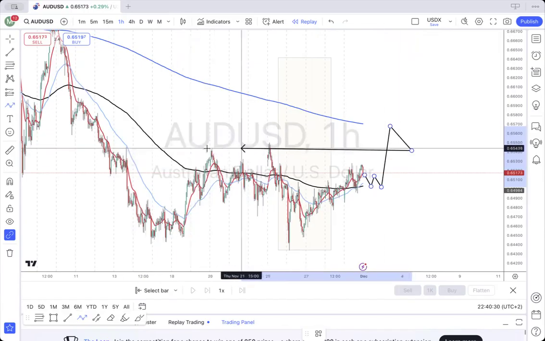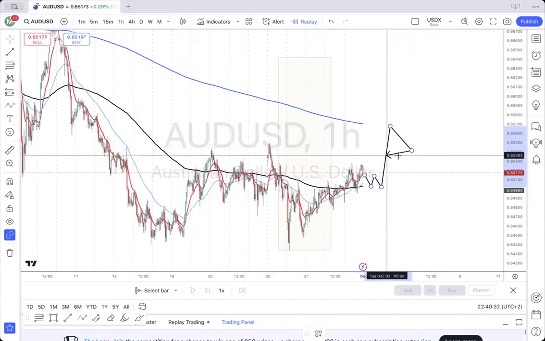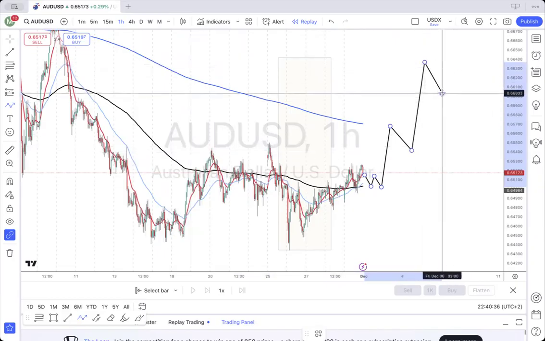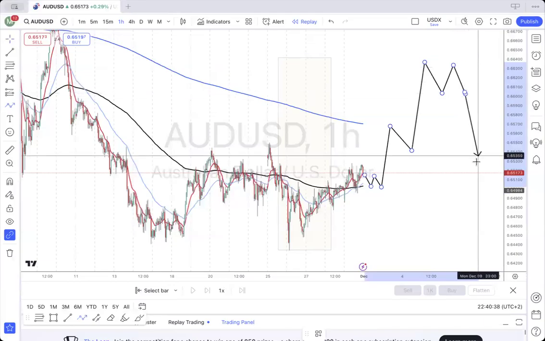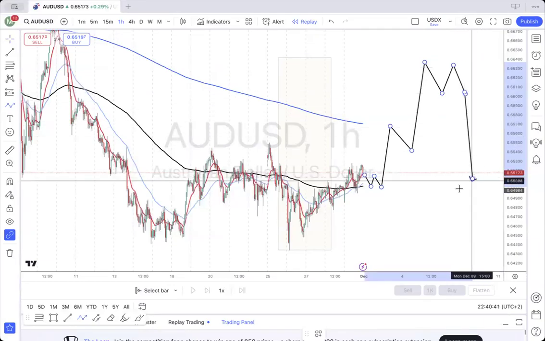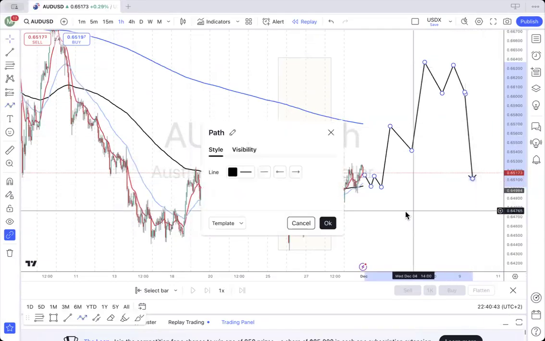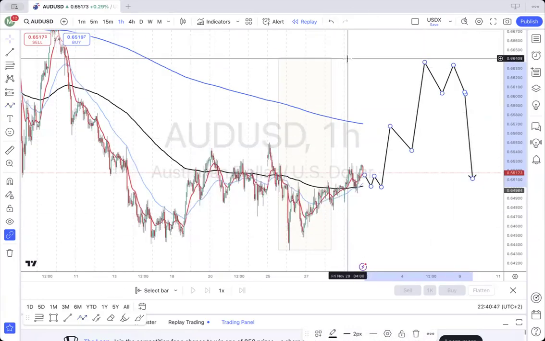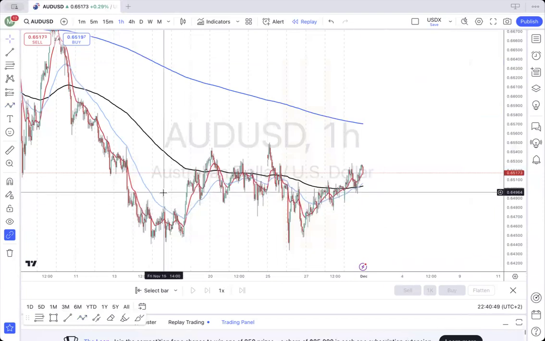That's where I expect to see my second level, and then the market goes up and gives me level 3. Then we'll analyze from there. All right. So that is exactly what I want to see.